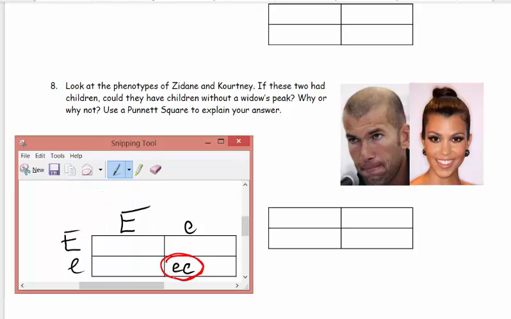If that's the child that does not have a widow's peak, the rest of them, here, here, and here, will all have widow's peaks because they will have at least one dominant allele. But this is the only way that you can end up with a recessive child with 2 parents that are both dominant. Okay, so hopefully that makes sense.